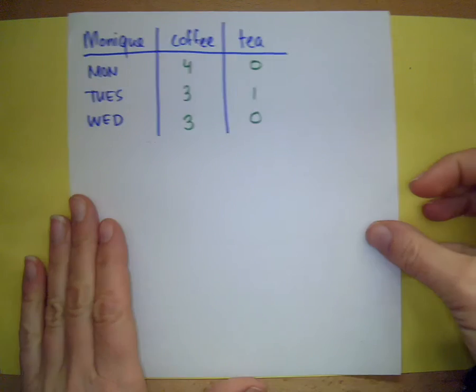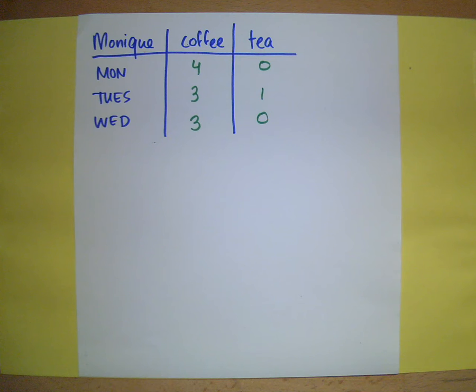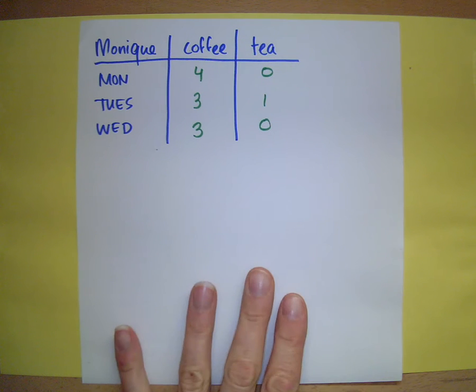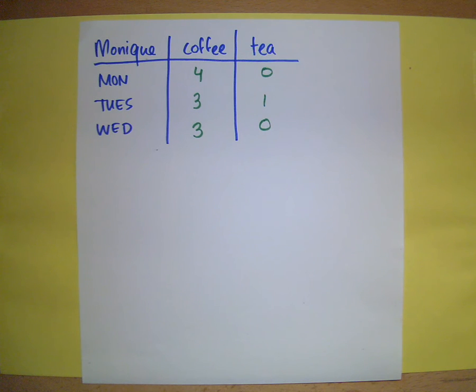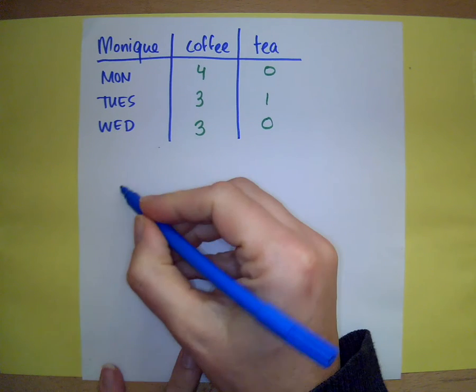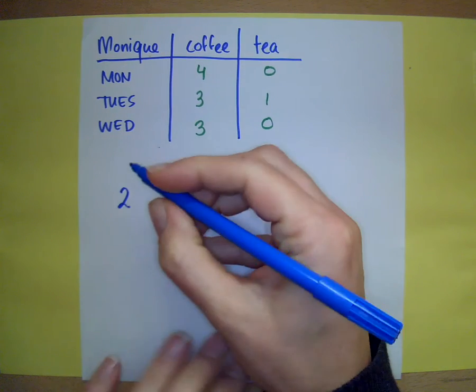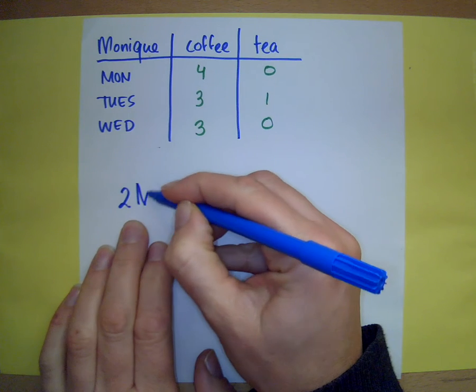Let's say we wanted to find out, if Arthur decided to drink exactly the same amounts of coffee and tea as Monique is drinking, what would they be drinking together? That would mean we have 2 times the M matrix.